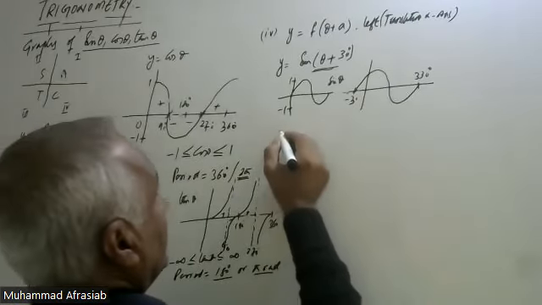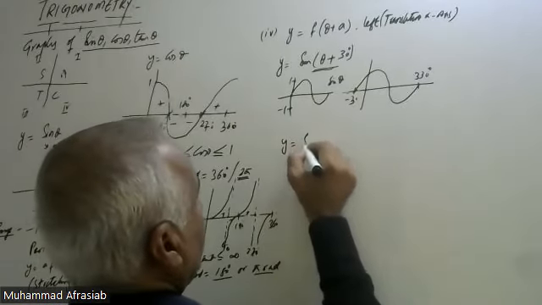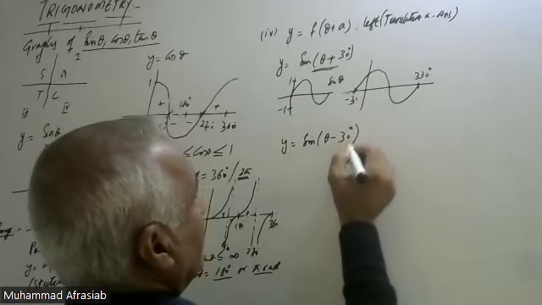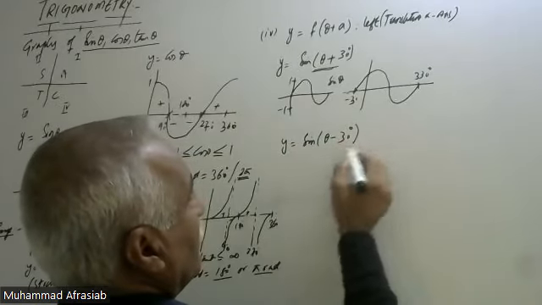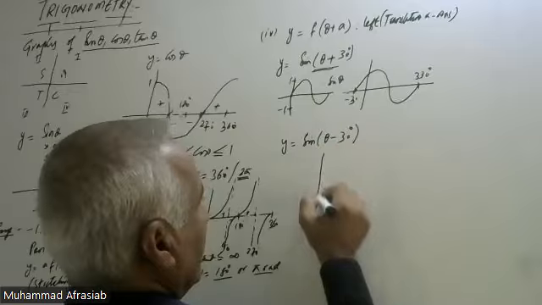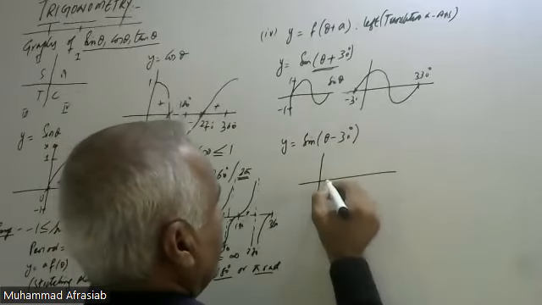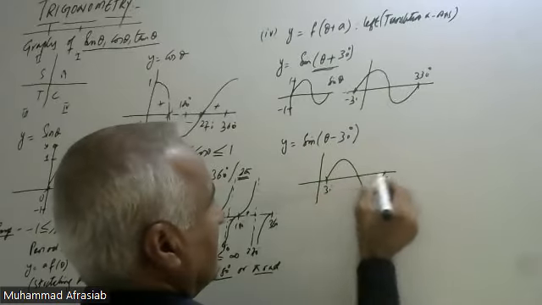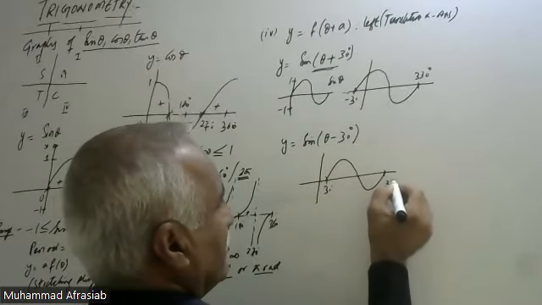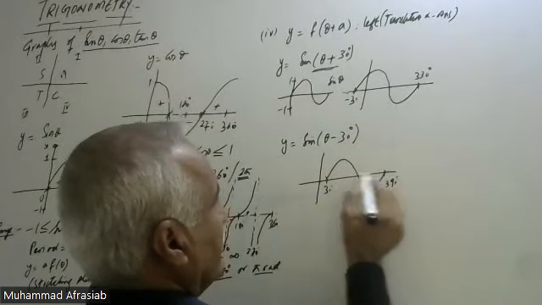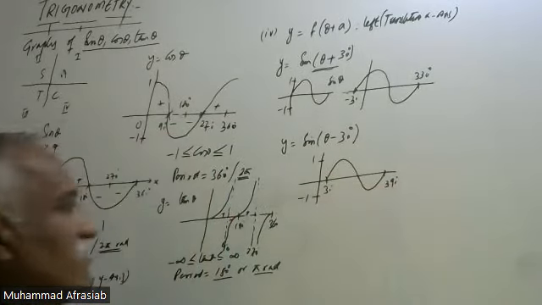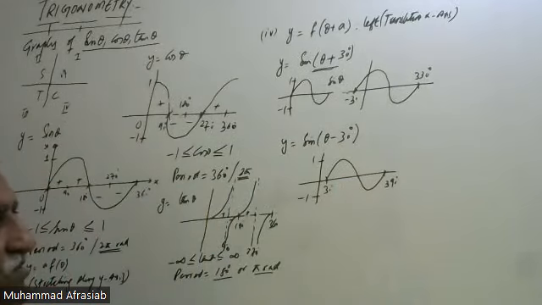And if y is equal to sine of theta minus 30 degrees, then this graph will move towards the right, and it will be like this part. It will become 30, and this will become 390. Again, it is the same amplitude there.